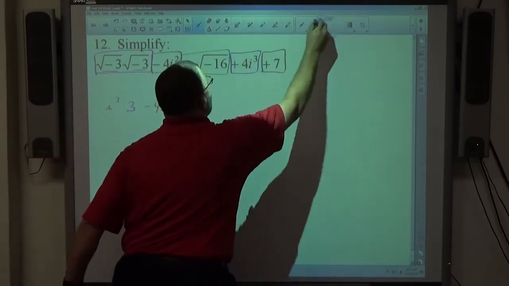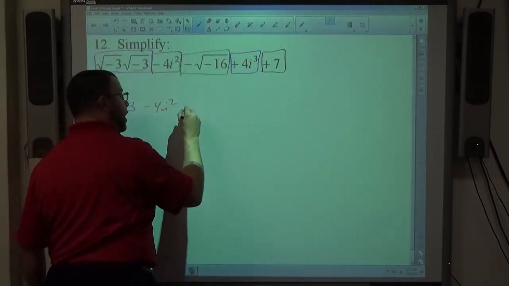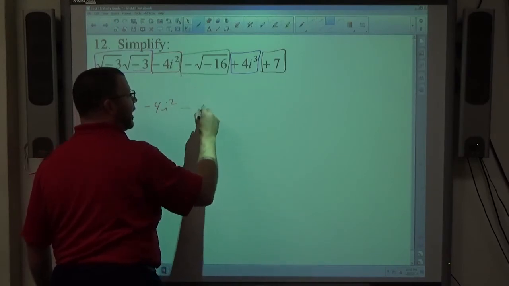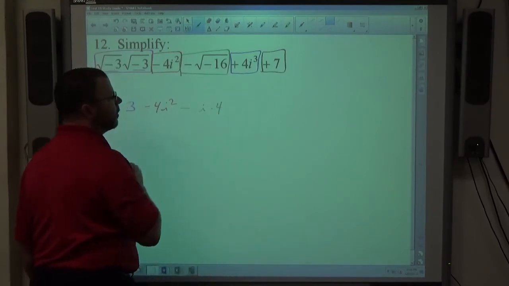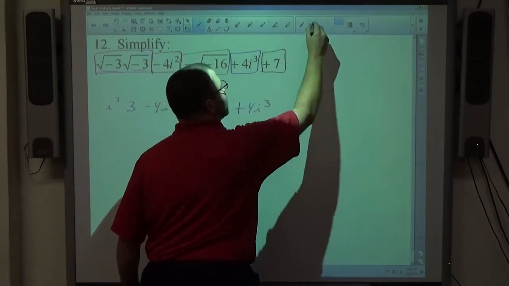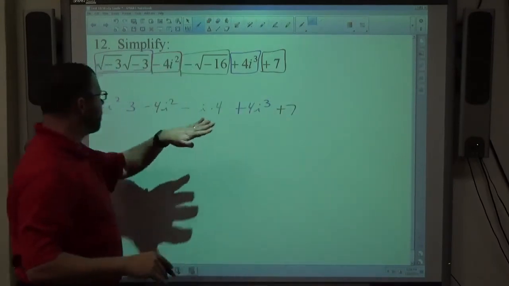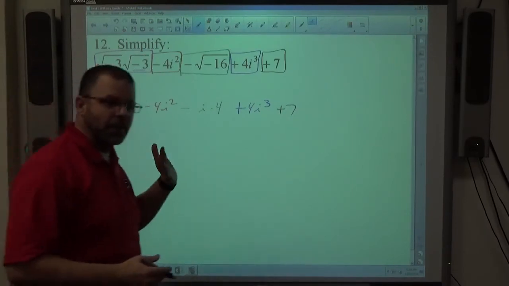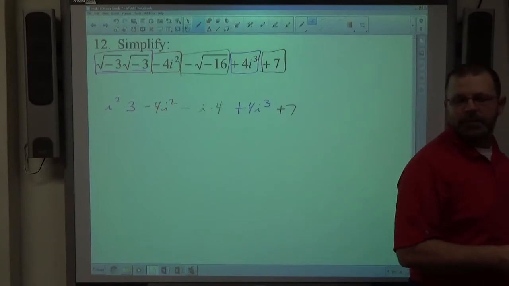Square root of negative 16, so I got minus. That's that minus. The negative inside makes an i. The square root of 16 is 4. Then I got plus 4i cubed, and I've got plus 7. I'm going to worry about my i's to powers later. I want to deal with the radicals immediately, and negatives inside of radicals even more immediately.